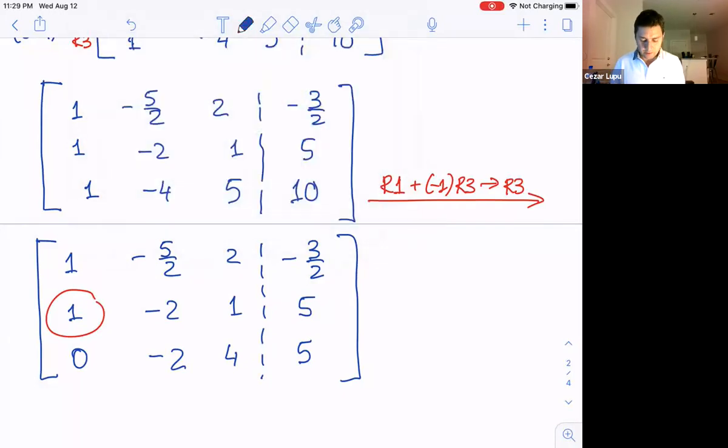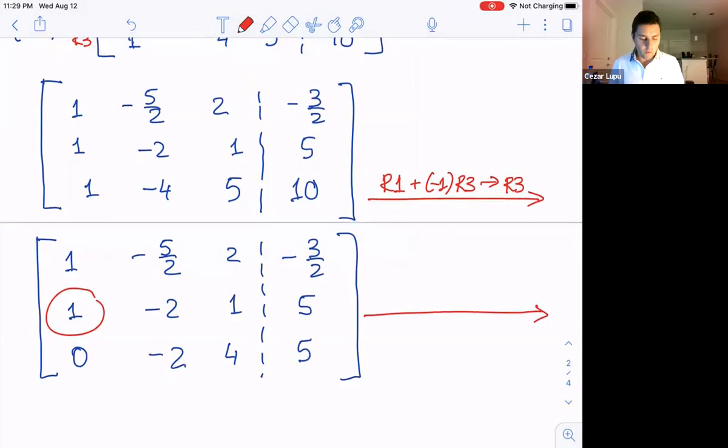And now we're going to perform elementary operations on row 2. All right, let's see. Maybe I should multiply the first row by -1, then add it to the second row, and this will become my new second row. So -1 times R1 plus R2 will be R2. Okay, great.